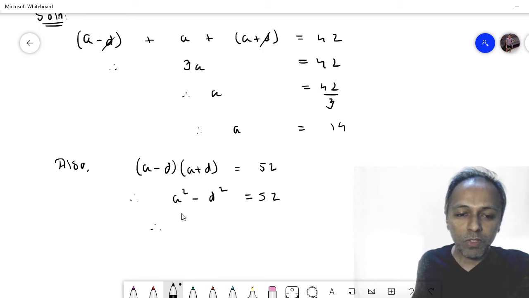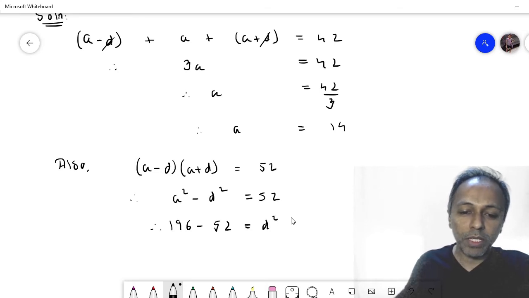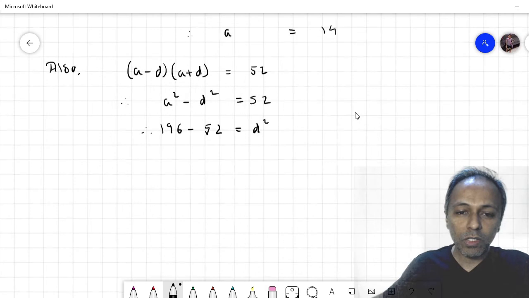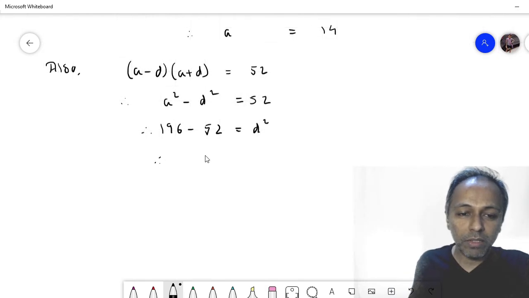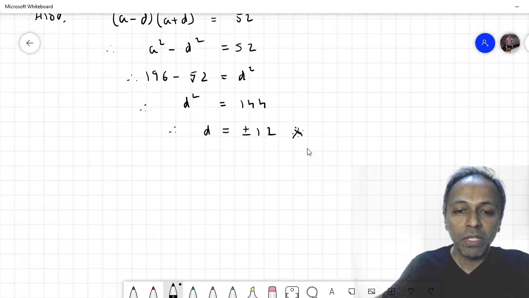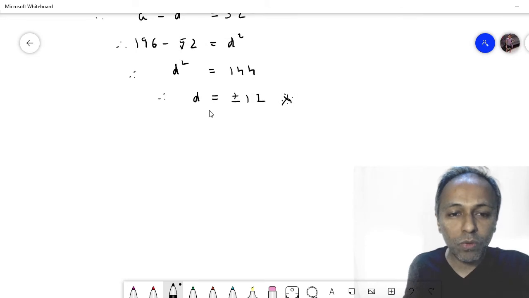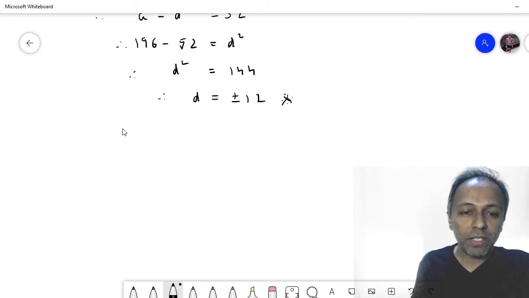A is 14, so 14 square is 196 minus 52 is equal to D square. D square is equal to 144. You can verify the subtraction. So D is equal to plus or minus 12. This is important, as many might only take one root. You should take both values, as there is no reason to reject a negative answer.